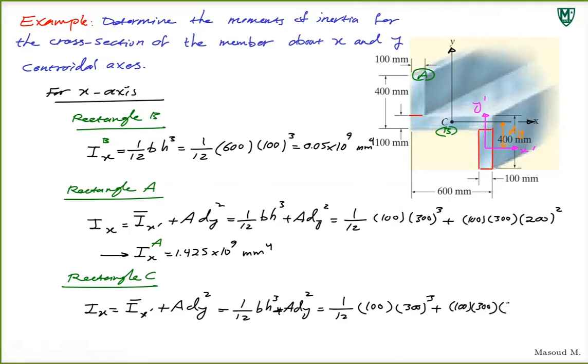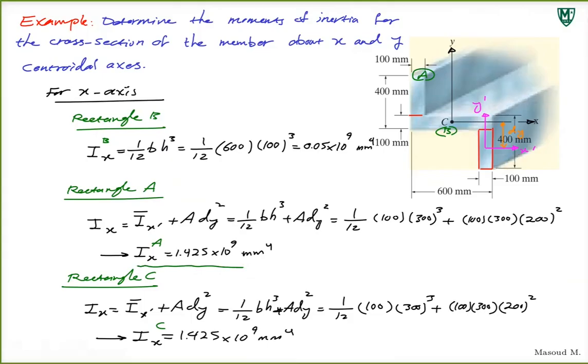And then the height is 200 squared. From there, you'll get Ix for rectangle C as the same as Ix for rectangle A. Everything is the same. So this is 1.425 times 10 to 9 mm4.